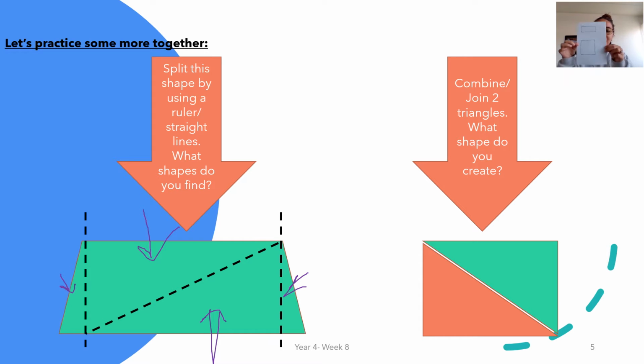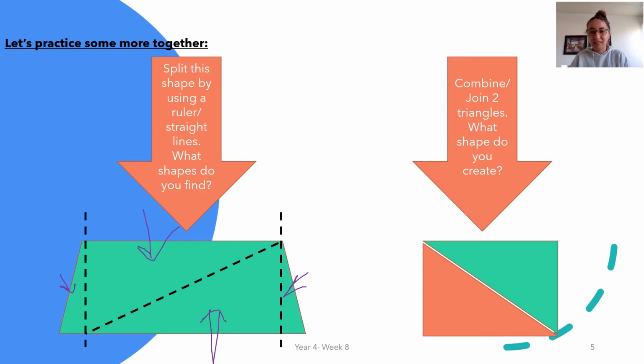So I've got a rectangle here and my piece of paper. I can split a rectangle into a square and two triangles, as you can see here. Okay, a square and two triangles. I've also got a picture of a square. When we've got squares, you can split them.